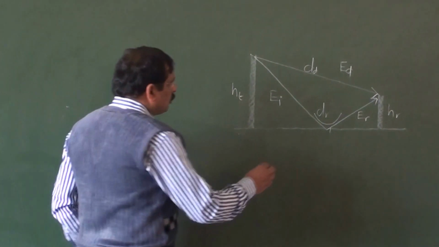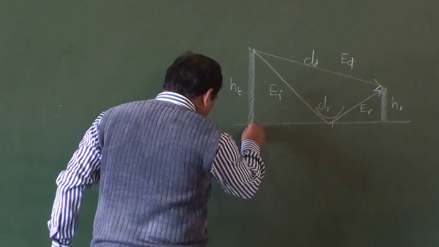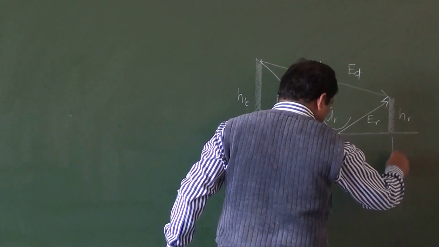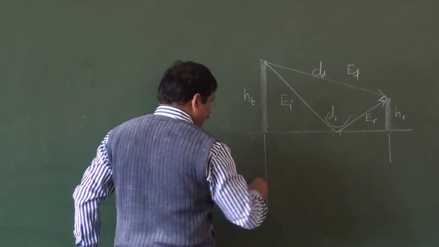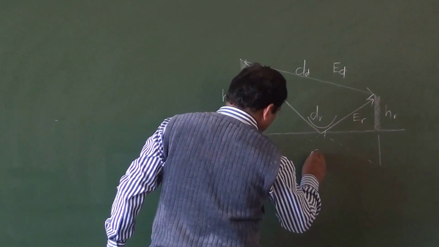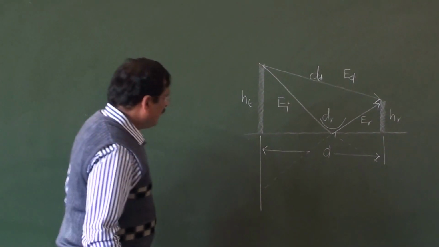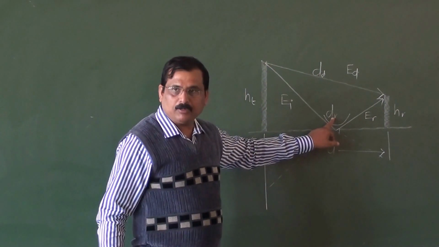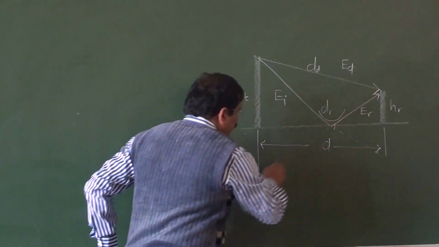In order to compute the distances like DD and DR, we have drawn a diagram extending this towards this. For the receiver, we have also extended the replica, the reverse image of this, and we have extended this part like this, and this part like that. We have shown that the distance between the transmitter and receiver is D. To compute DR, you need to consider from this point to this point.